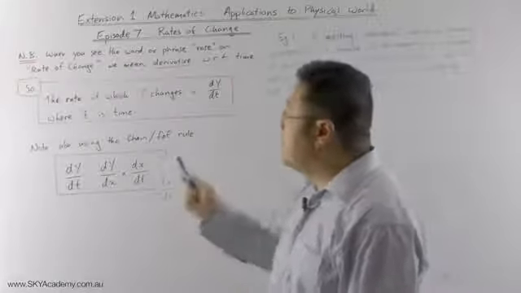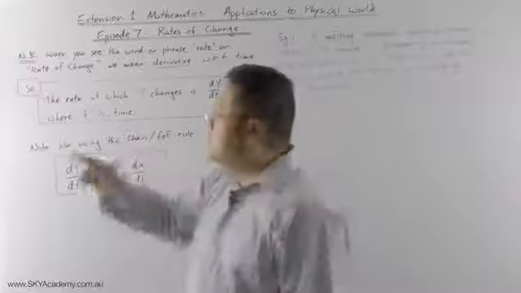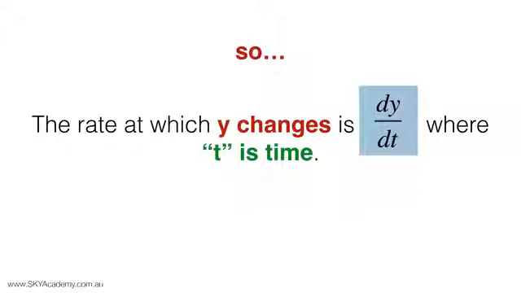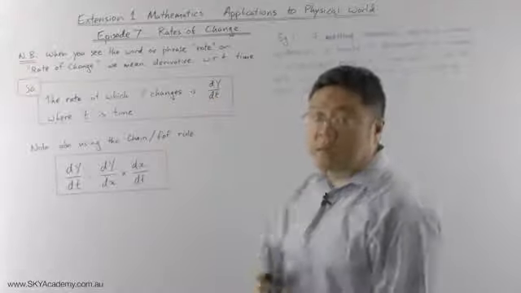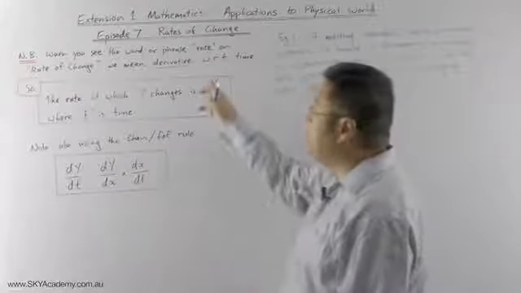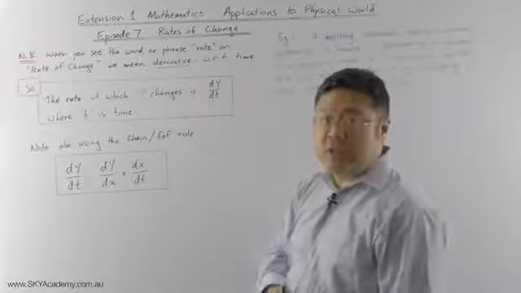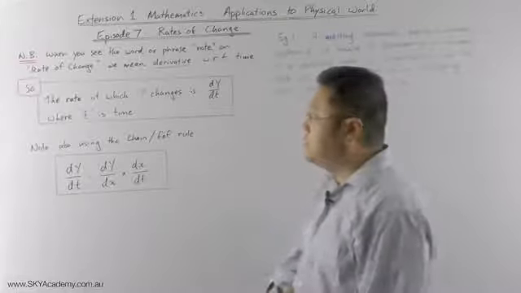So when you see in a question the rate at which y changes, that should tell us we're dealing with the derivative dy/dt with respect to time, all right? The change in y over the change in time, okay?